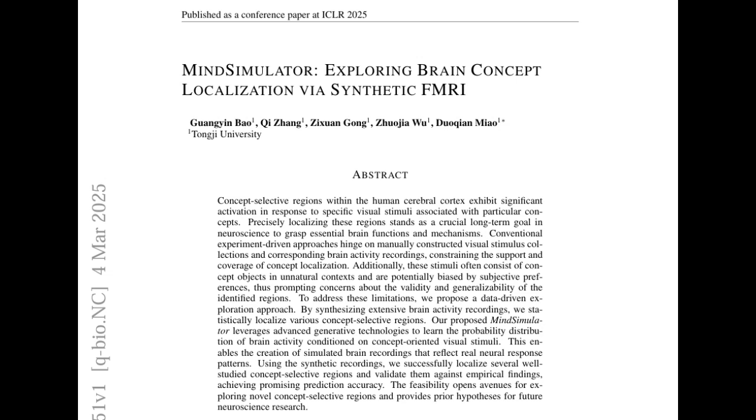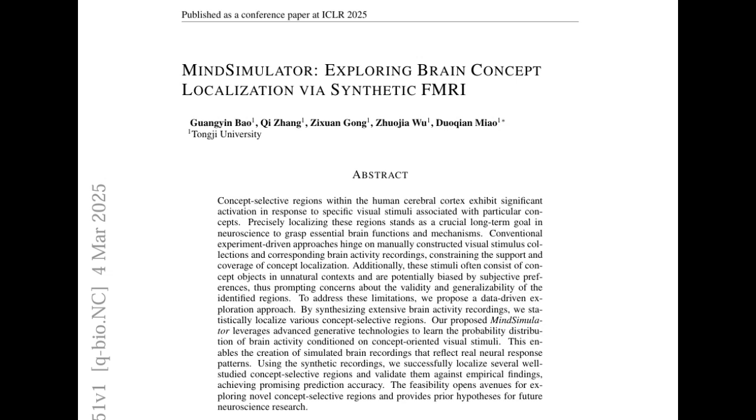All those related concepts are likely activating this whole network of brain regions, not just a single isolated spot. It's like trying to understand a symphony by just listening to individual notes. You need to hear how they all work together to create the full experience. That's a great analogy. And that's, I think, what makes the brain so fascinating. It's not this collection of separate parts. It's a dynamic, interconnected system where everything is influencing everything else.